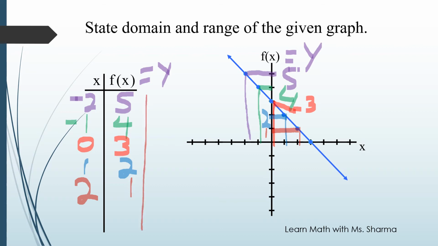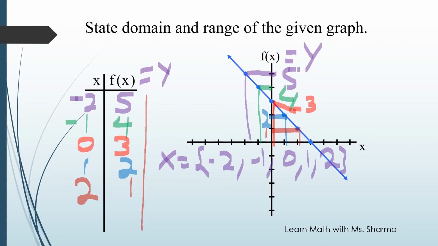Now we want to list our domain and range. So domain is the x values. You have -2, -1, 0, 1, 2. We have to make sure it's from smallest to largest.